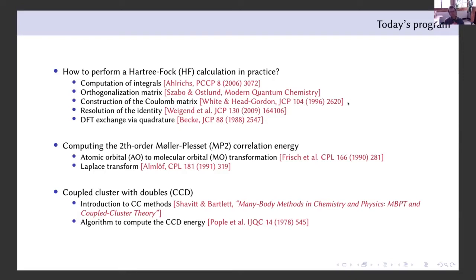One very important step in that algorithm is what we call the AO to MO transformation. So how you transform the integrals from the AO basis to the MO basis. And also a few tricks like the Laplace transform, and that will bring us to what we call the local MP2 as well.